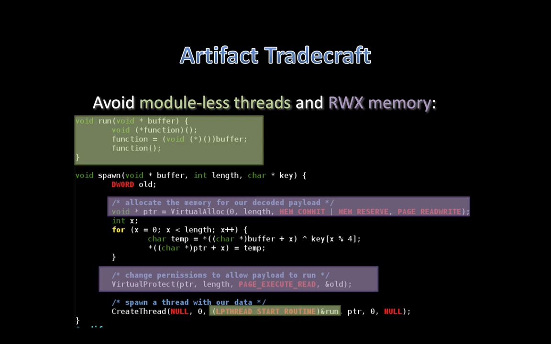For avoiding a module-less thread, in this case, I do have a need to create a thread. That's why I'm not just casting my allocated memory to a function pointer and calling it. Instead, I create a thread, and I have it call a function inside of my executable called run, and that function takes its argument, which is the pointer to my beacon reflective DLL package, and casts that to a function pointer and calls it.